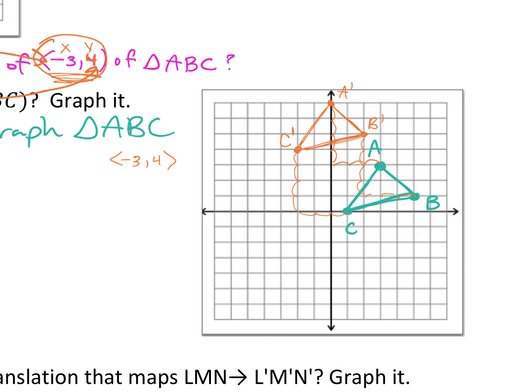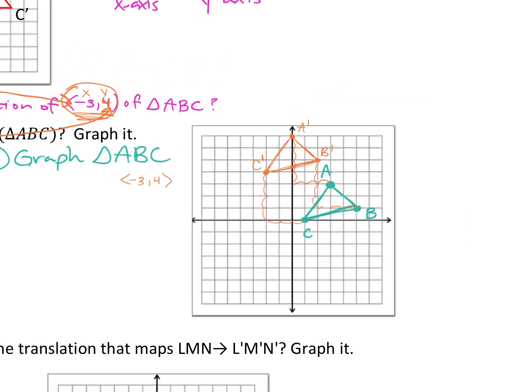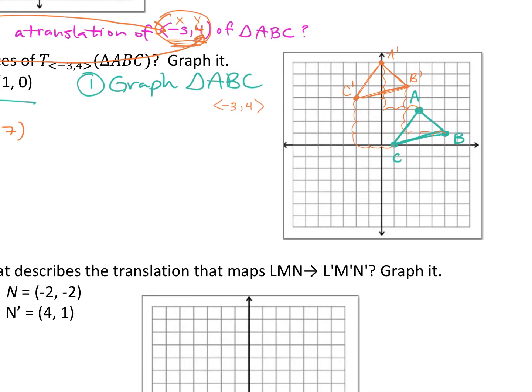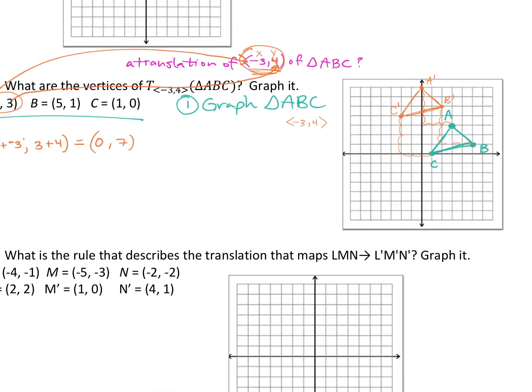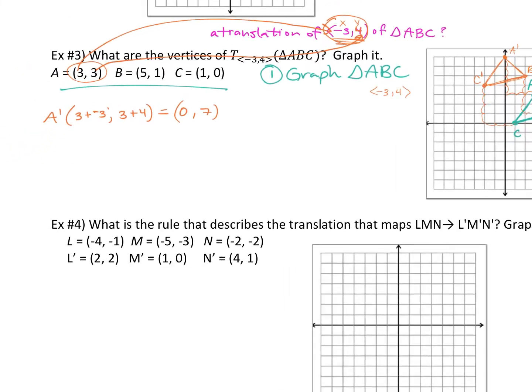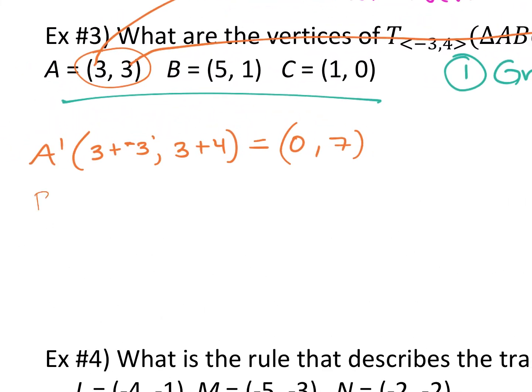If you don't like to do that on the graph for each thing, I don't ever ask you to name those points. I just ask you to graph it. So if you would rather name the points first and then graph them, that's fine, but you don't have to do that. If you wanted to keep going with that, B prime then is going to be 5 plus a negative 3 for your X value, and then 1 plus 4 for your Y value.